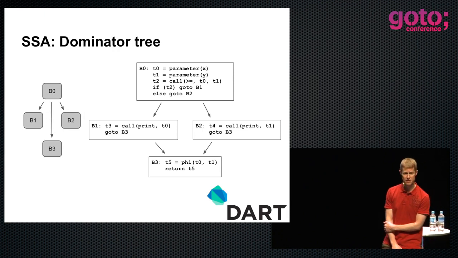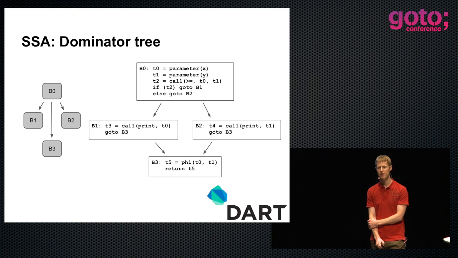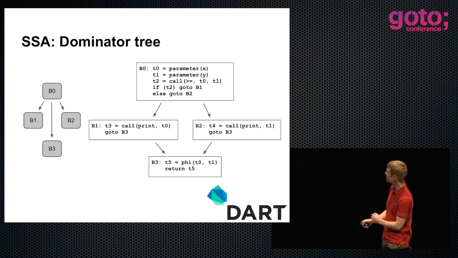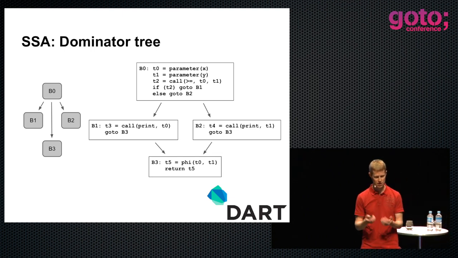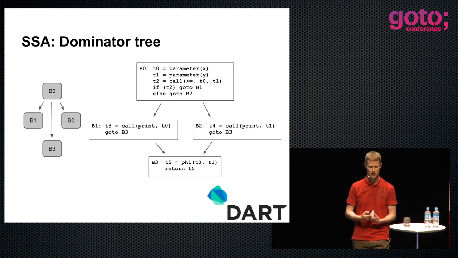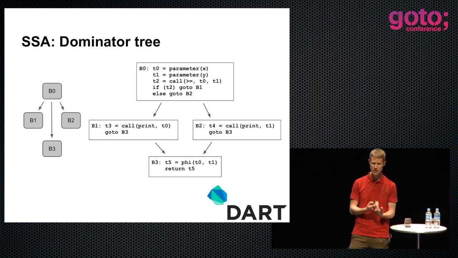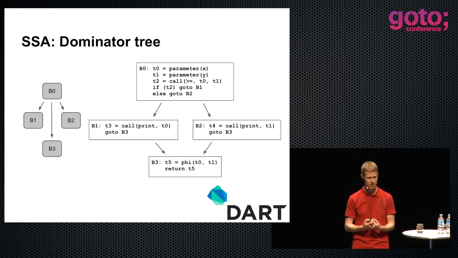When we optimize, it's often very important for us to have a notion of a dominator tree, which is a tree of the basic blocks that you have in the graph, where you know something about which blocks are always guaranteed to be executed before other blocks. So in this case, you're not guaranteed that B1 is executed before B3. You're not guaranteed that B2 is executed before B3.